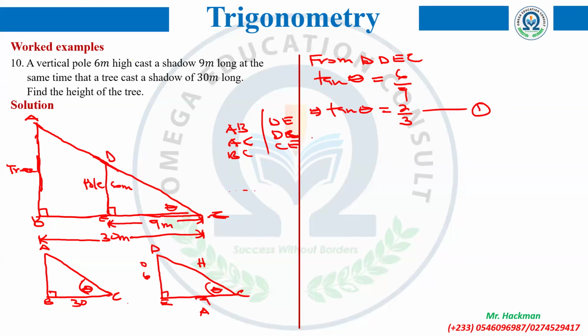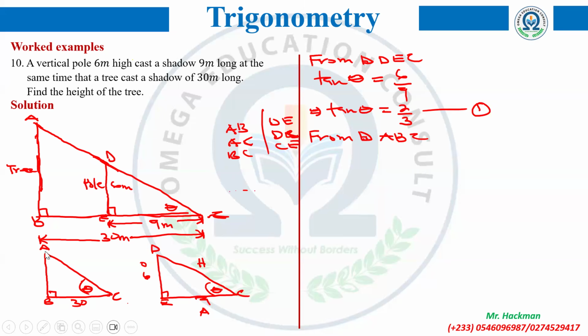Then from the second triangle, which happens to be my first triangle there, the right angle triangle, I've told you the order doesn't really matter. We could have done what we are coming to do first, and we'll get the same equations anyway. So from right angle triangle ABC, what do we have? I'm going to form a ratio involving the side that I'm looking for, which is AB.